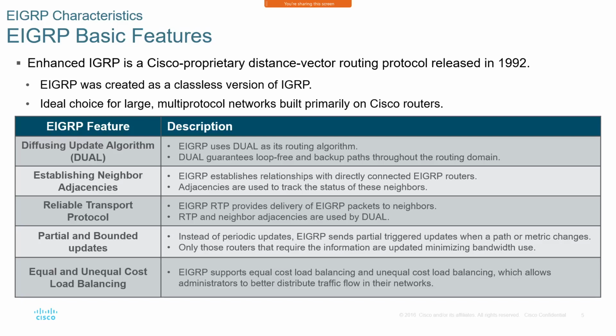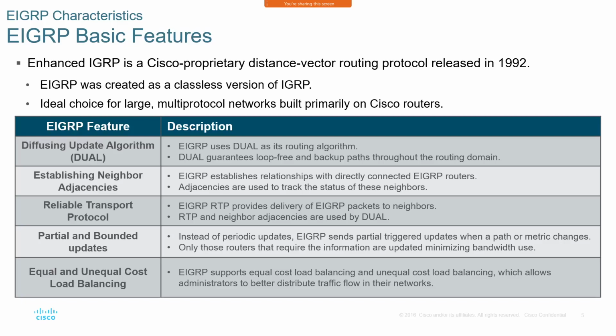It also does partial and bounded updates. Now, we discussed RIP last week, one of the routing protocols. RIP is basically a routing protocol that will send updates periodically. That basically means it will send information between the routers every 30 seconds, as we discussed.